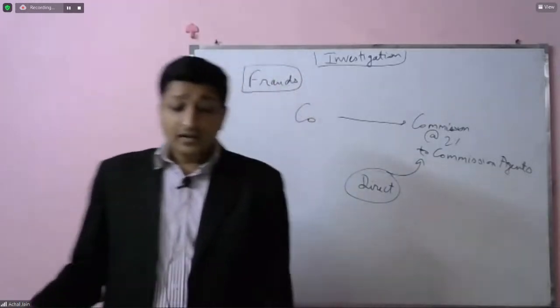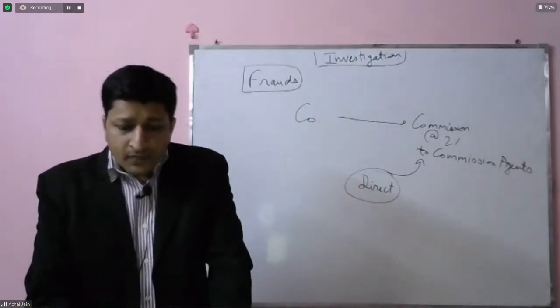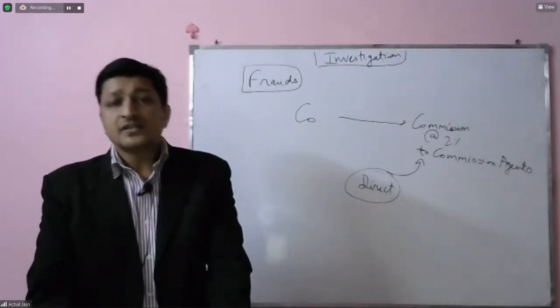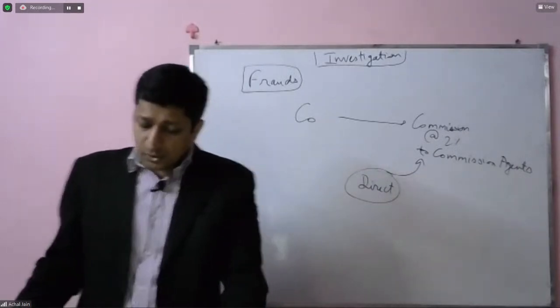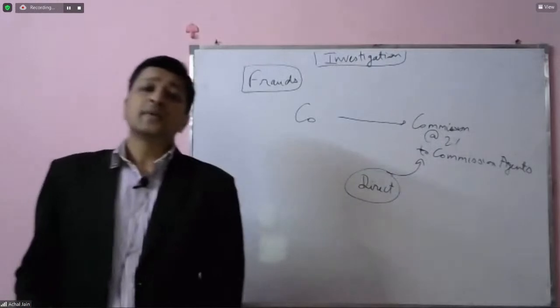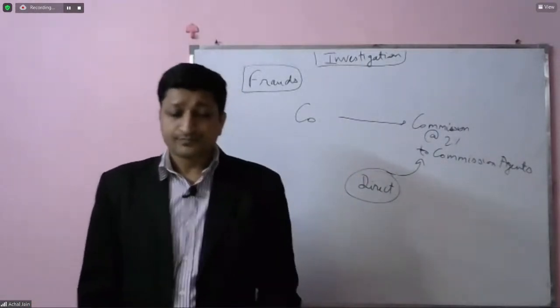Or maybe it's shown as if a discount has been offered. Maybe a cash sale is adjusted with a credit sale. So there are various mechanisms through which such fraud may be conducted in respect of cash receipts.